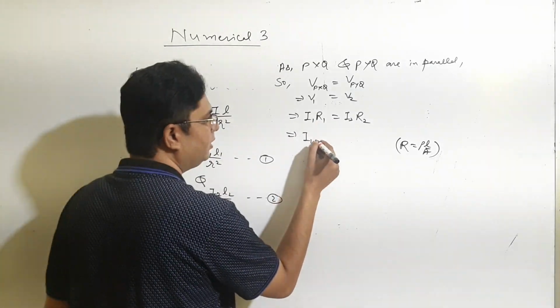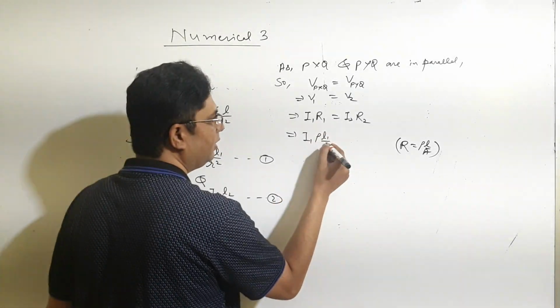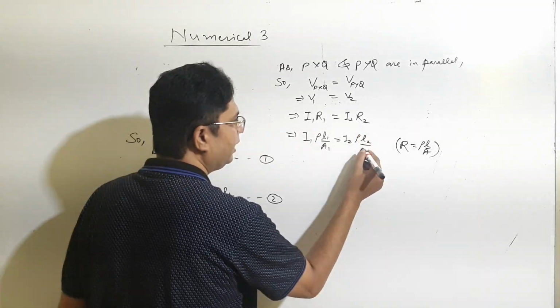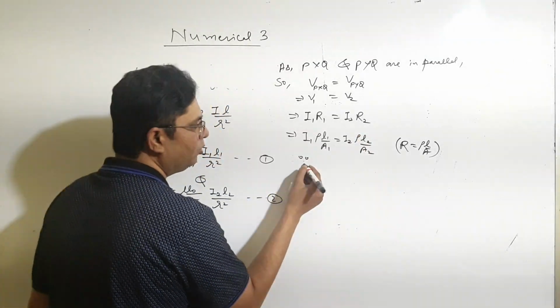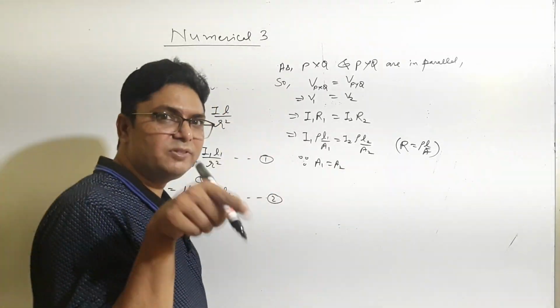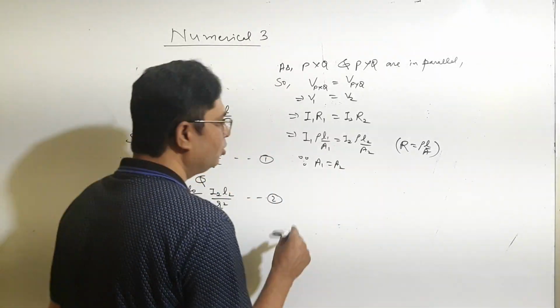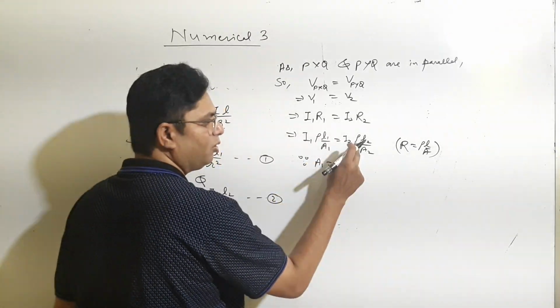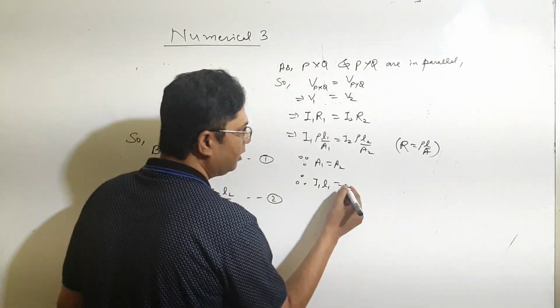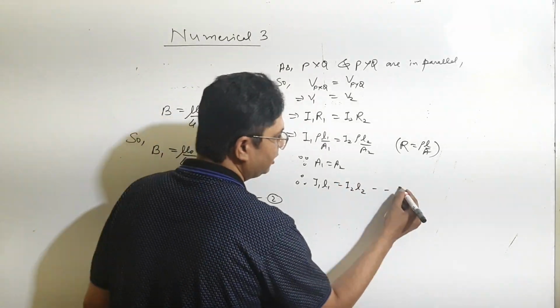This is I1, rho constant, L1 upon area A1. This is I2 rho L2 upon area A2. Since A1 equals A2, because the wire has a uniform cross section, A1 and A2 will cancel out and rho will cancel out. So we get I1 L1 equals I2 L2, equation number 3.